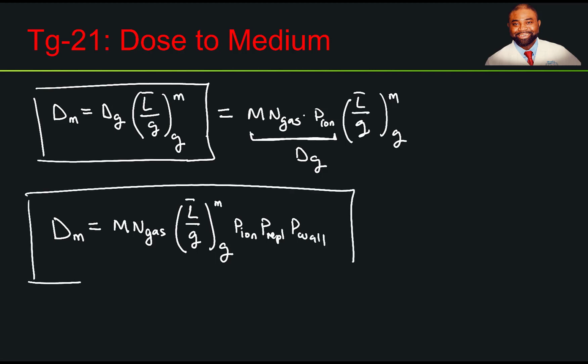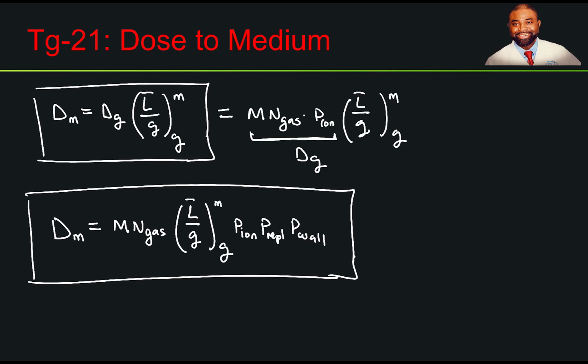Now we will discuss these factors individually. So this variety of factors must be taken into consideration in order to actually measure the actual dose deposited in the medium. Understand that TG21 provides a means through which we could measure the dose in medium or the absorbed dose to water, either using a water phantom, a polystyrene, or an acrylic phantom.